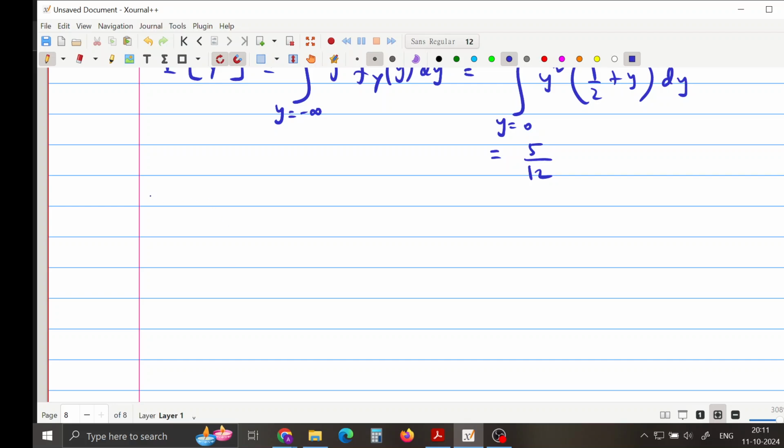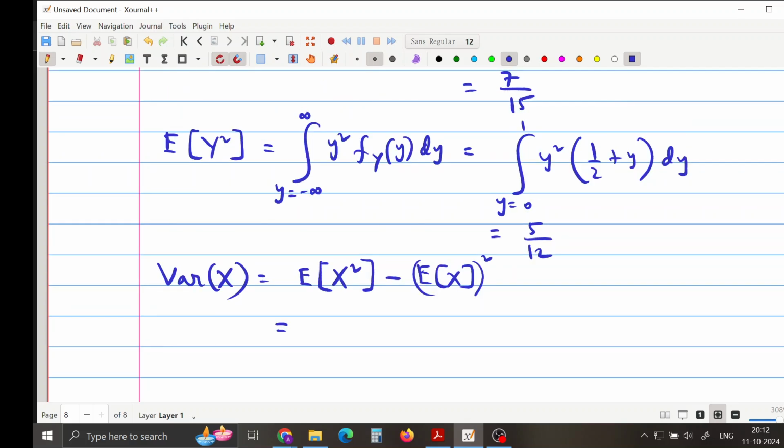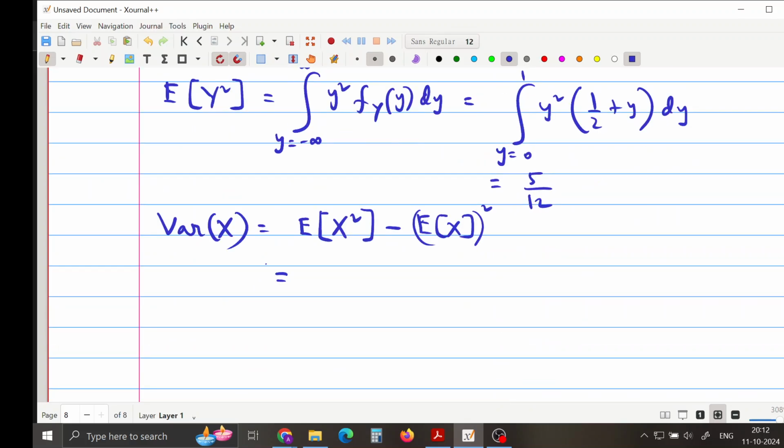Now we can bring all this together and find the variances. So variance of x is expectation of x squared minus expectation of x, squared. Expectation of x squared is 7 by 15.